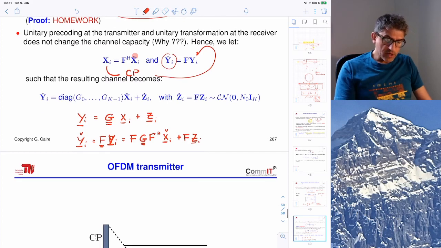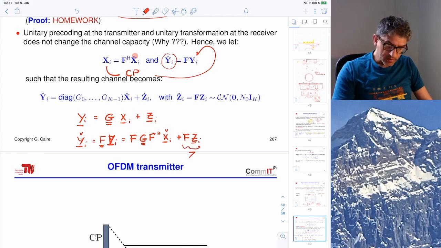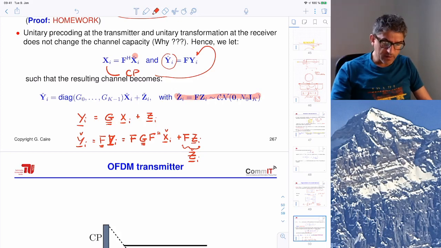It turns out a general property of Gaussian IID vectors is that you can multiply them by a unitary matrix and they will not change their distribution. So I call this z check, and it has exactly the same statistics as z, as you can see here. It's zero mean with IID components with variance N0 per component.